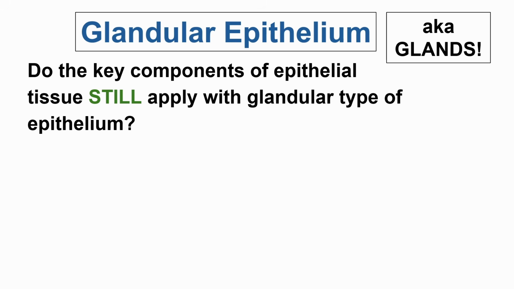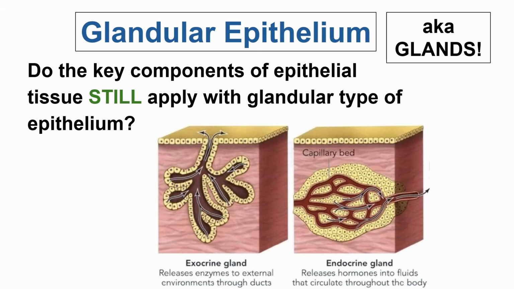So, one question that we want to ask is, are the key components of your epithelial tissue in general still present in the glandular type of epithelium? So the answer is yes. First, we still have your basement membrane.